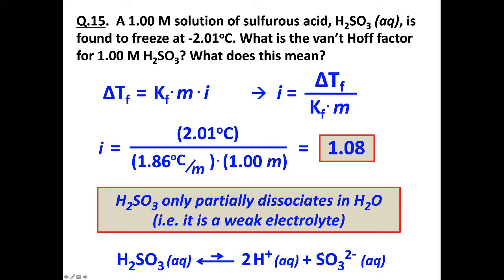Then there's a sulfite ion, SO3 2- as well. And I have a small arrow to the right indicating that only a little bit of the H2SO3 dissociates into the H plus and SO3 2-, and most of it, I've got a big arrow going to the left, most of it stays associated. And we'll go into this in much more detail in a future chapter.